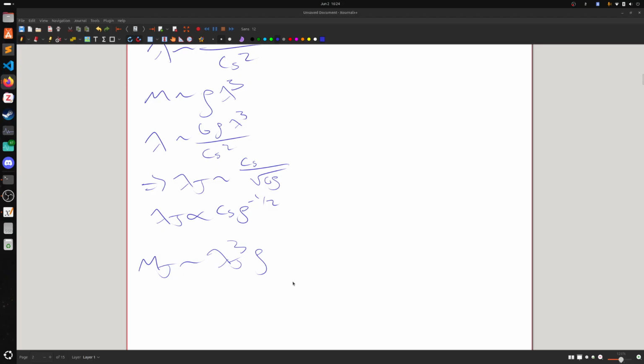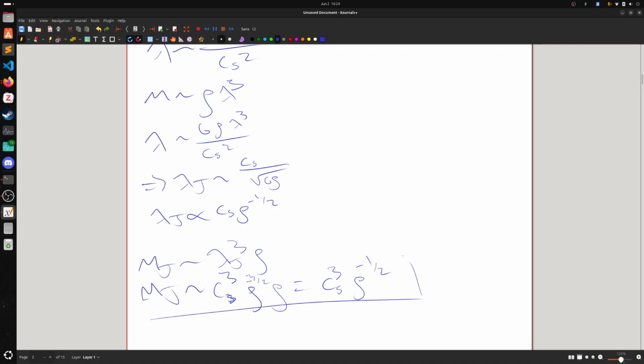So finally, this gives us the Jeans mass roughly goes as sound speed cubed times rho to the minus 3 on 2 times rho, which is equal to sound speed cubed times rho to the minus 1/2.